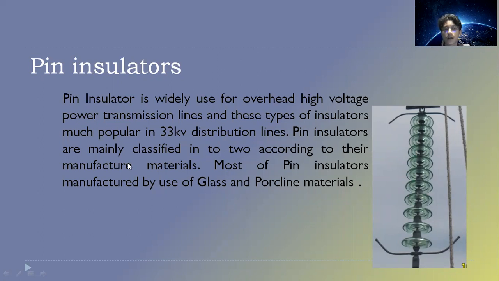Pin insulators are mainly classified into two according to their manufacturing materials. Most pin insulators are manufactured using glass and porcelain materials.